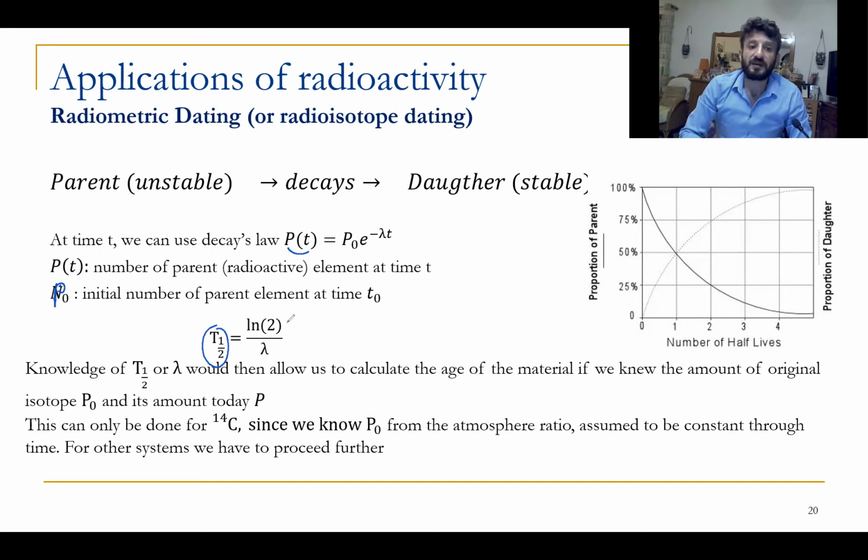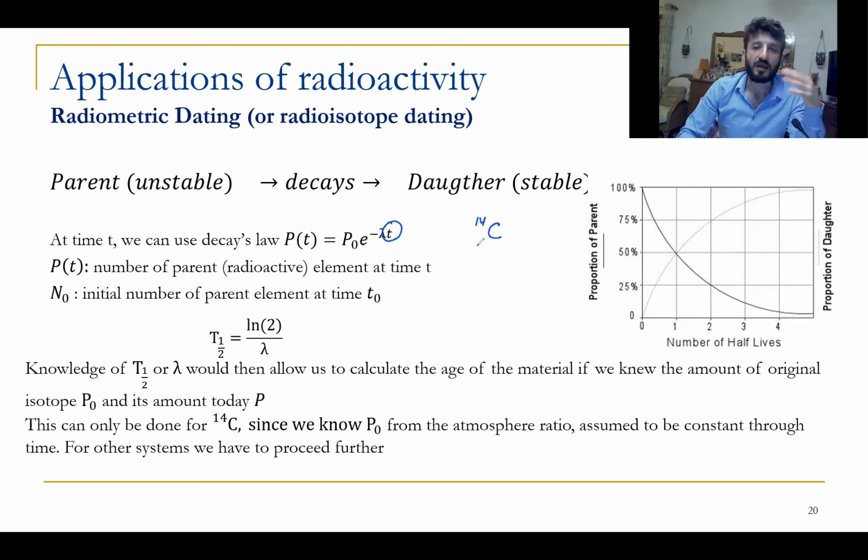But in general, it's impossible. Only in the case of organic matter can you apply this formula directly. Why? Because in the case of organic matter, we use carbon as the unstable element. And we know exactly the density and the number of carbon in the atmosphere, in the human body and in organic matter.